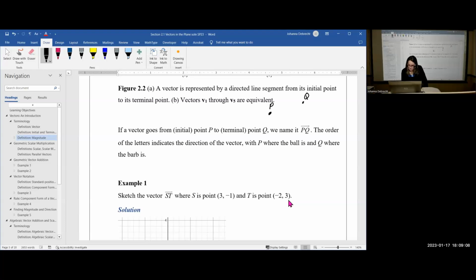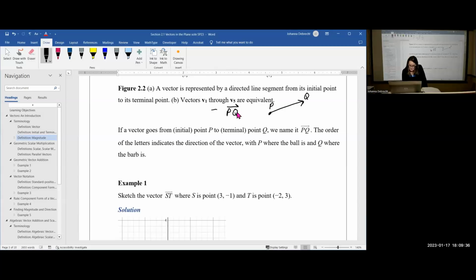If we're talking about the vector PQ, and we put the harpoon above the top like you see here, the P occurs first, under the end without the harpoon. That's the initial point. And then the Q is under the harpoon, so that's the terminal point. That means it has to start at P, and the arrow end has to be at Q.